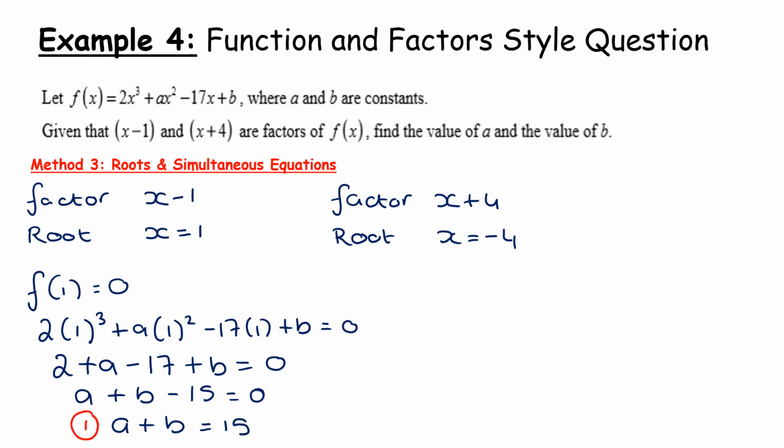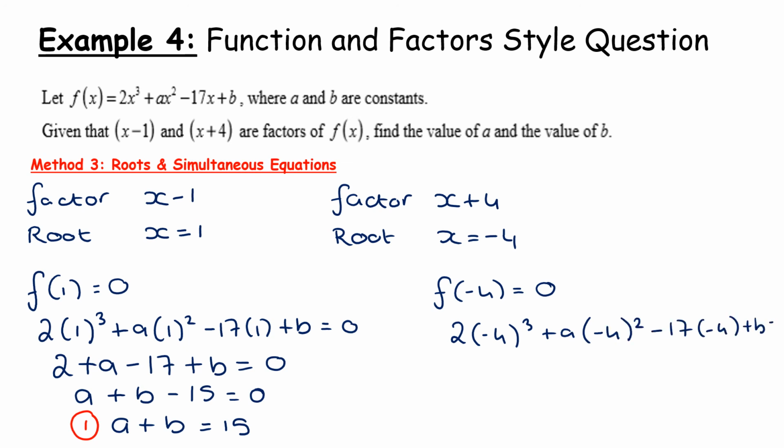We then do the exact same thing with my second root, so that's minus 4. So when I do f of minus 4, because minus 4 is a root, we should get that equal to 0. So that is 2 times minus 4 cubed plus a times minus 4 squared minus 17 times minus 4 plus b should equal 0. 2 times minus 4 cubed, so minus 128.